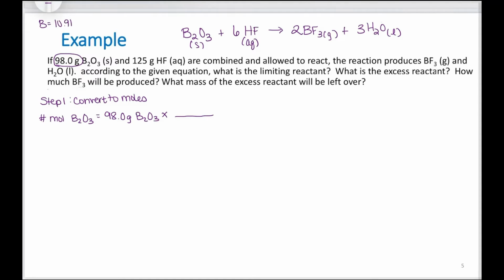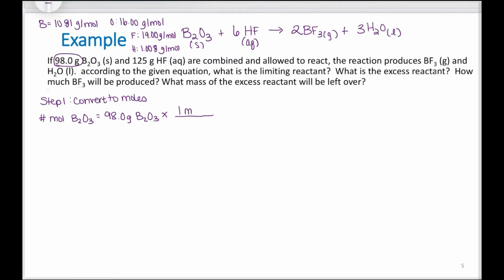But just to help you guys out, in case you don't, boron's molar mass is 10.81 grams per mole. Oxygen, 16 grams per mole. Fluorine, 19 grams per mole. And hydrogen, 1.008 grams per mole. You guys can use that to determine the molar masses of all the other species.